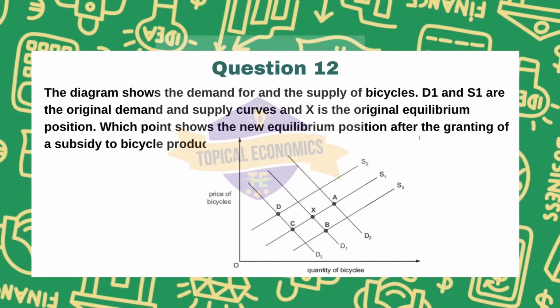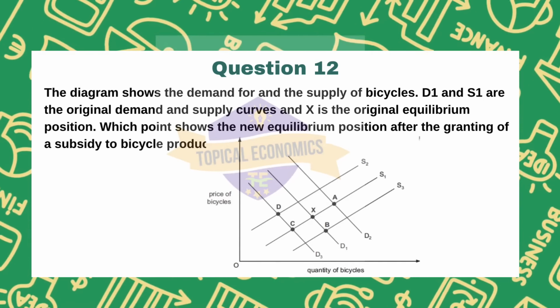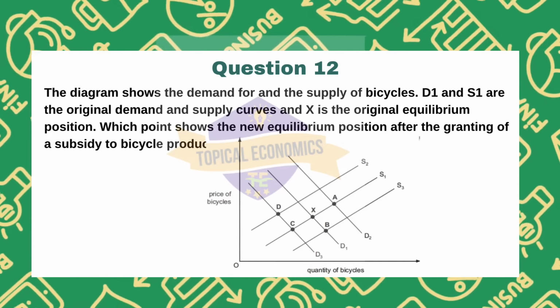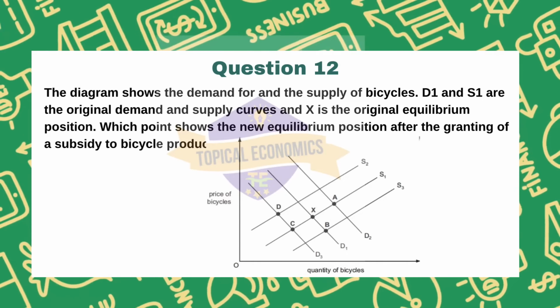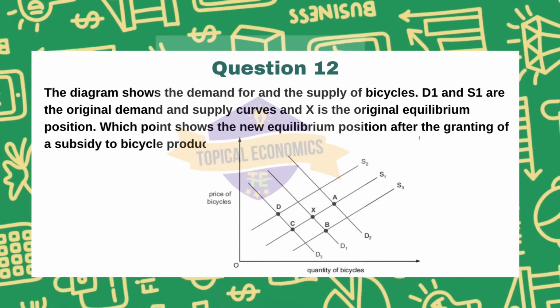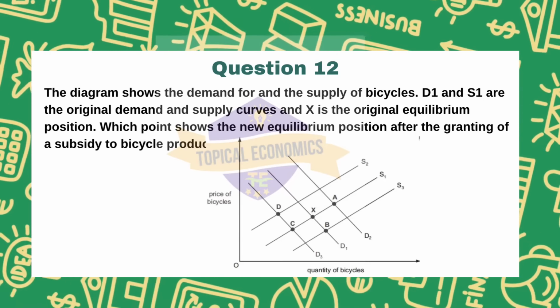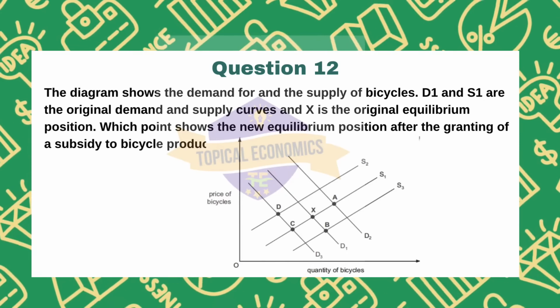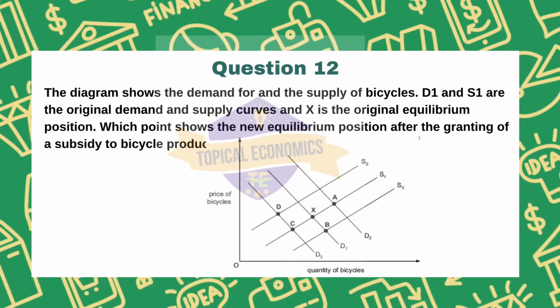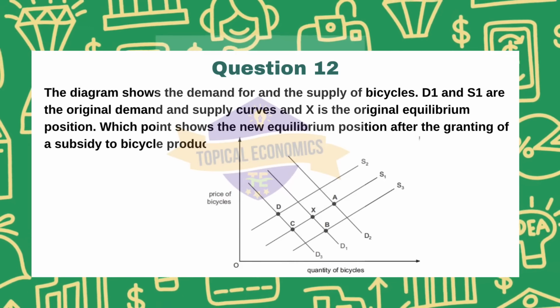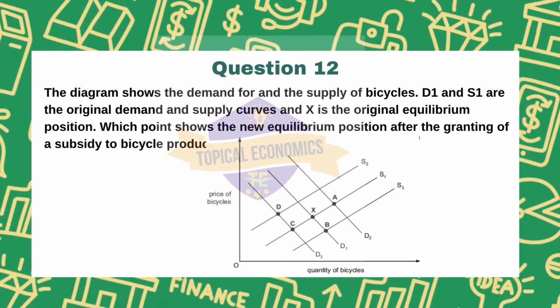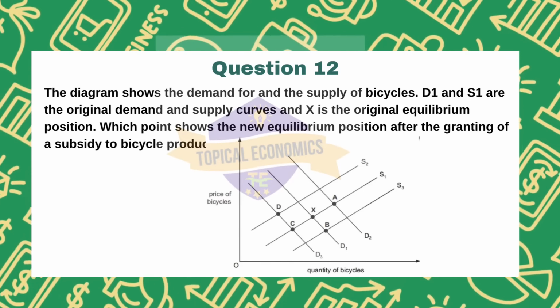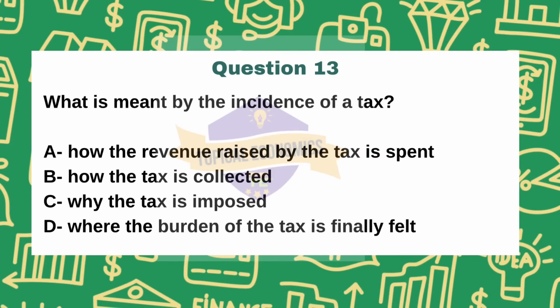The correct answer for this question is option D. Increase in cost of raw material decreases supply, and supply curve will shift to the left. On the other hand, successful advertising campaign will lead to increase in demand, and demand curve will shift to the right. In this way, new equilibrium will take place at D, where new demand and supply curves are intersecting each other.